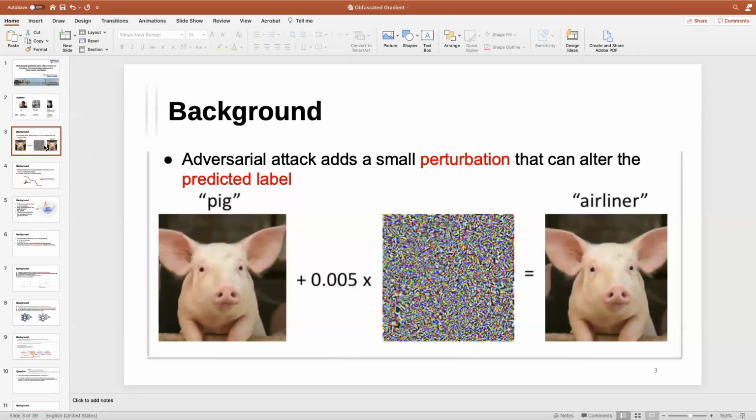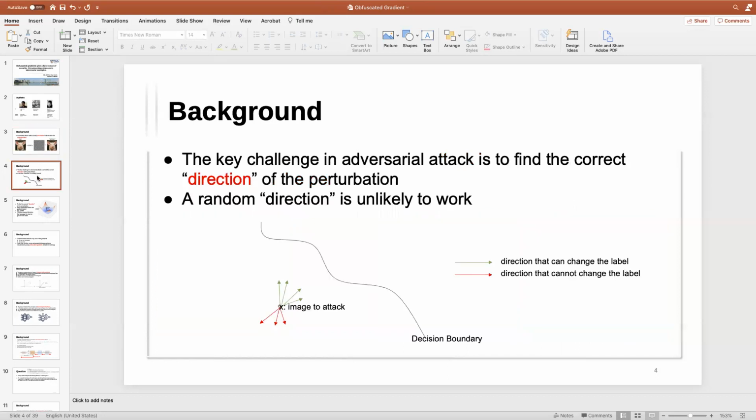This paper is still focusing on adversarial attack and defense. As we all know, adversarial attack adds a small perturbation onto the image that can alter the predicted label. But the key challenge in adversarial attack is how do we find the correct direction of perturbation? Because a random direction rarely works.